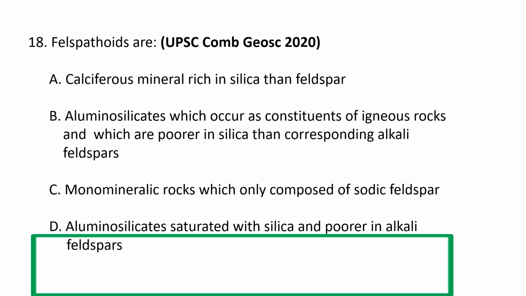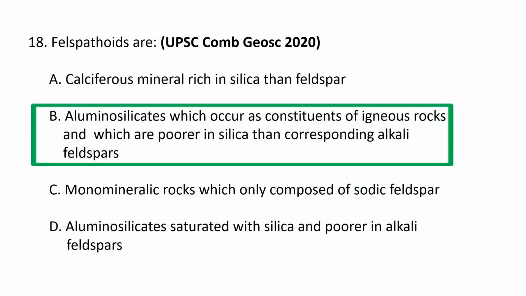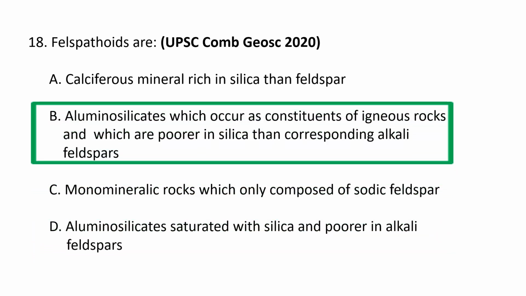Next question. Feldspathoids are A, calciferous mineral richer in silica than feldspar, B, aluminosilicates which occur as constituents of igneous rocks and which are poorer in silica than corresponding alkali feldspar, C, monomineralic rocks composed only of sodic feldspar, and D, aluminosilicates saturated with silica and poorer in alkali feldspar. So feldspathoids are aluminosilicates.